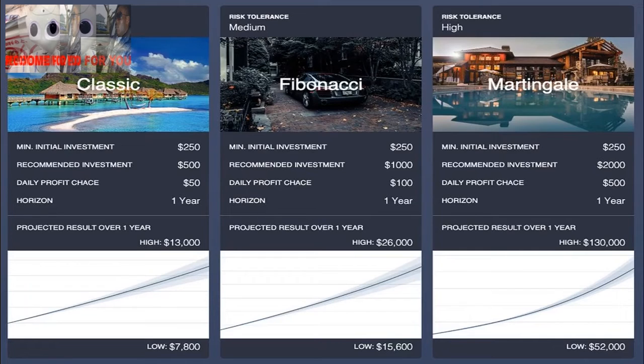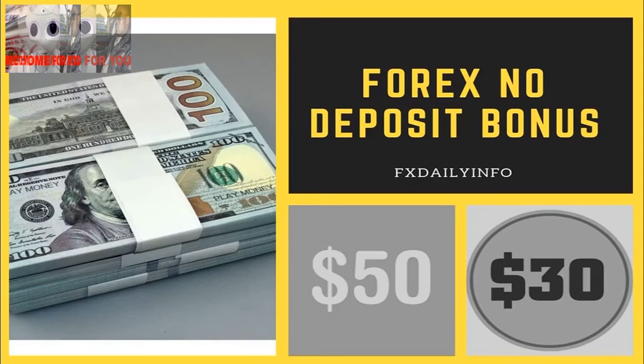And then you need a good mentor who is going to give you a good signal, who is going to tell you when to buy and when to sell. Now, how do you trade Forex as a beginner?